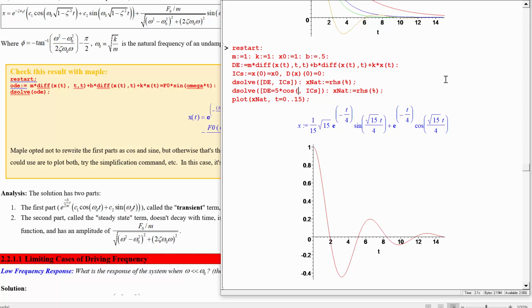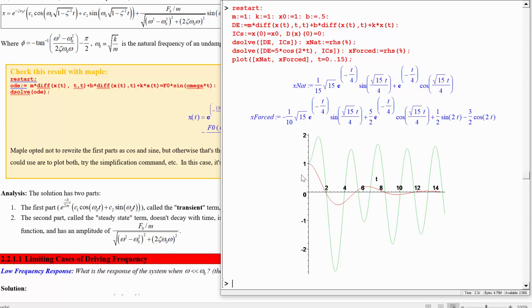So we'll pick some frequency. Let's say 2 times t. Why not? Now we'll call this thing x forced, and we're going to plot these things together. So what happens if we also force the thing with this function as well?